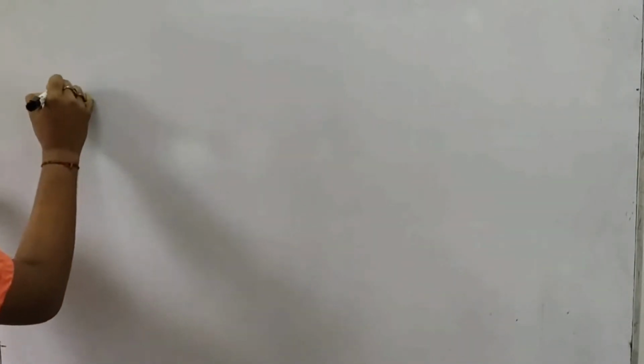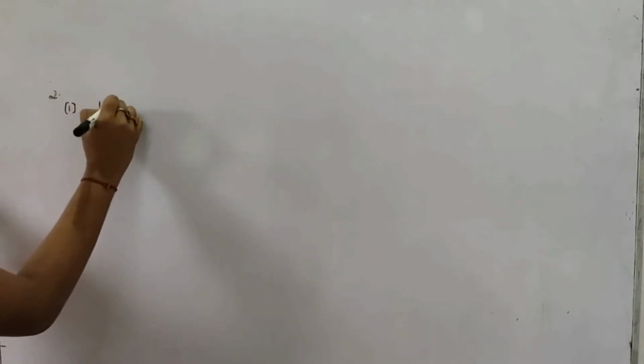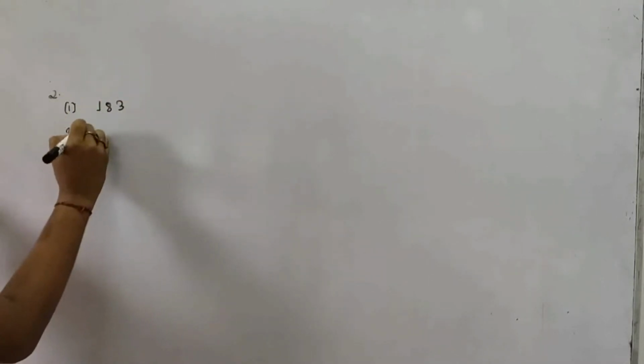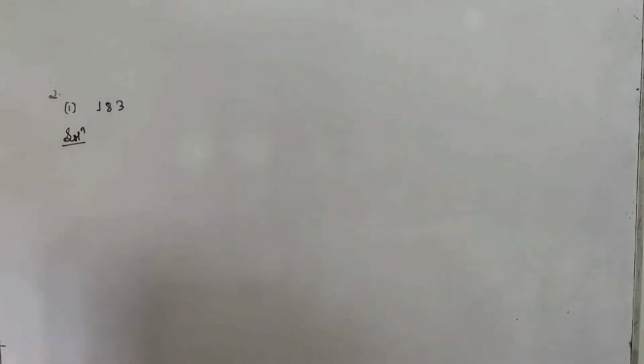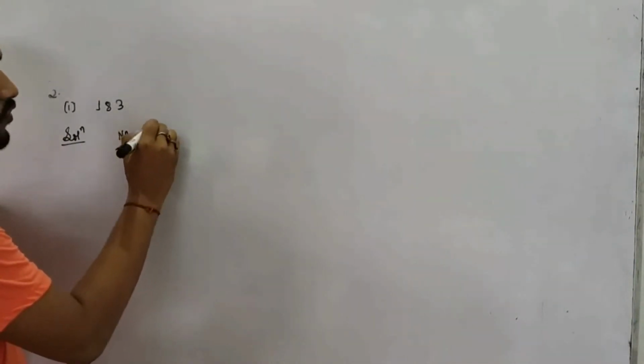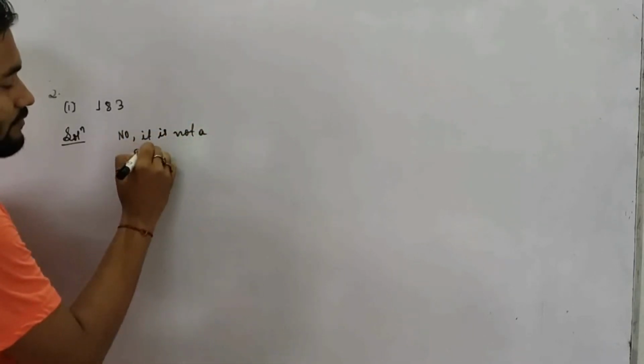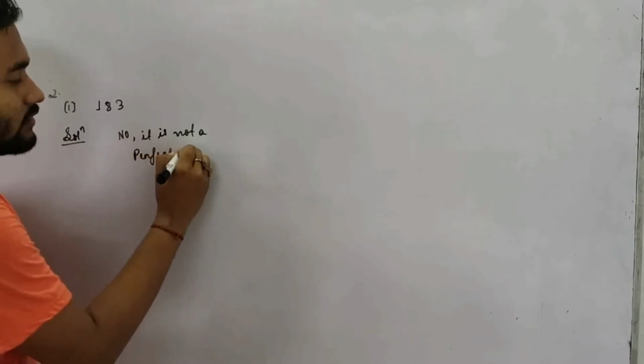Number 2, number 1: 183. Clearly we can say it is ending in 3, so directly we can say no, it is not a perfect square.